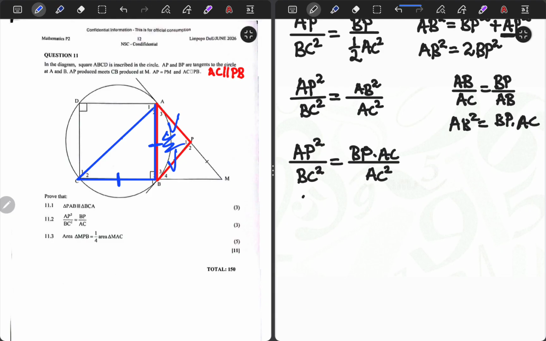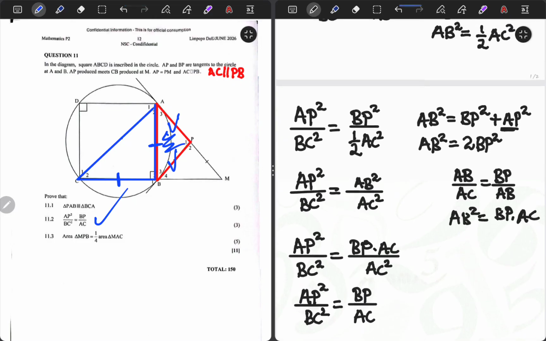So indeed the answer is BC square equals to BP over AC, which is what they were looking for.